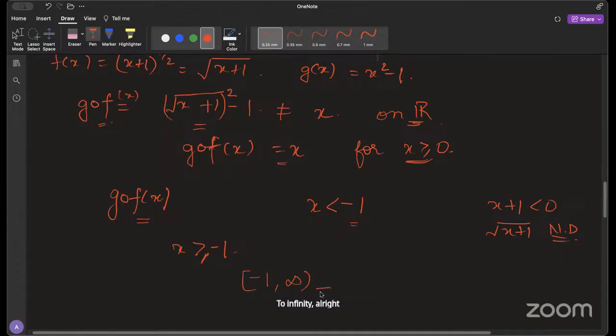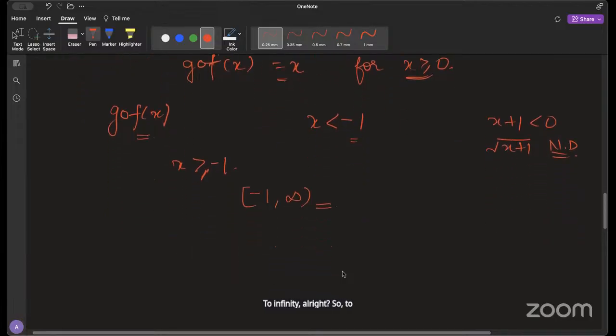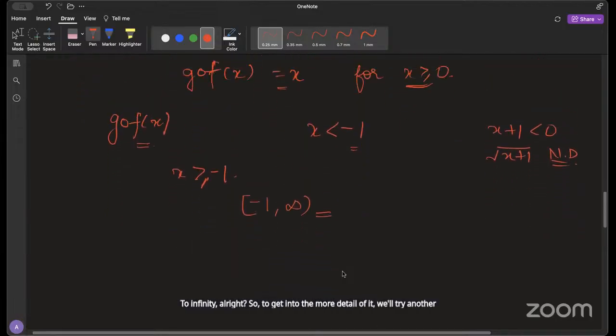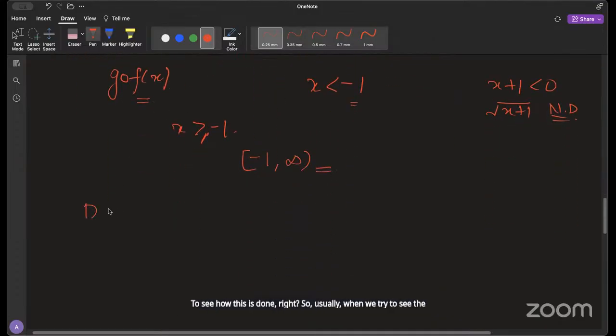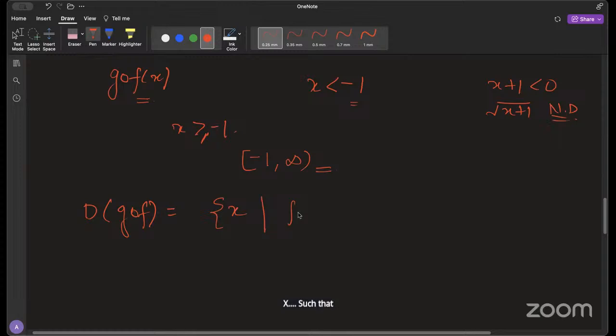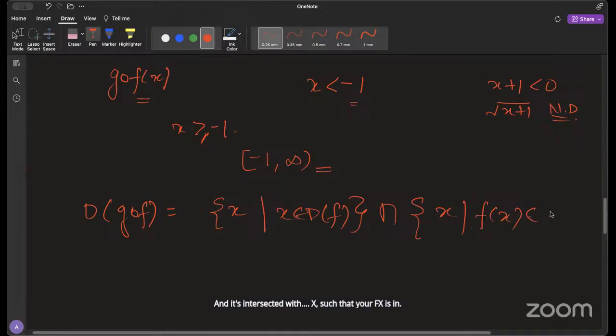All right. To get into more detail, we'll try another way to see how this is done. Usually, how do we define the domain of GOF? We define it as the set of x such that x is in the domain of f, intersected with the set of x such that f of x is in the domain of g.